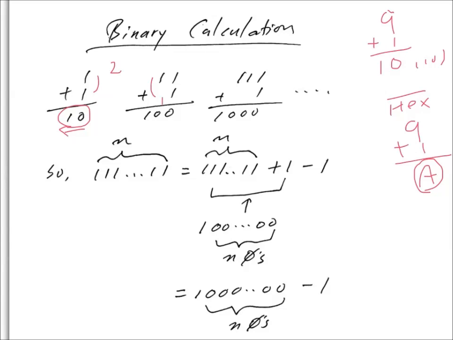But we do not have a symbol for numerical value 2, so we carry to the next digit. So 1 plus 1 is 10. How about 10 plus 1? Again, 1 plus 1 has numerical value 2, but we do not have a symbol, so we carry to the next digit, like 10. And then also, when you add 1 plus 1, the numerical value is 2, but we do not have a symbol for it, so we carry to the next digit. So 11 plus 1 is 100.